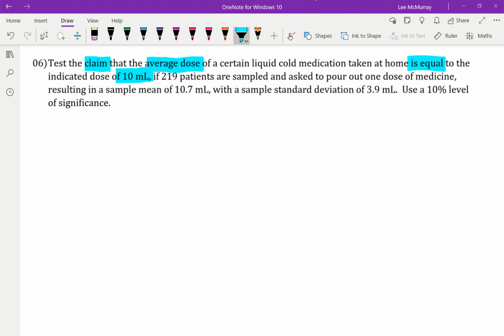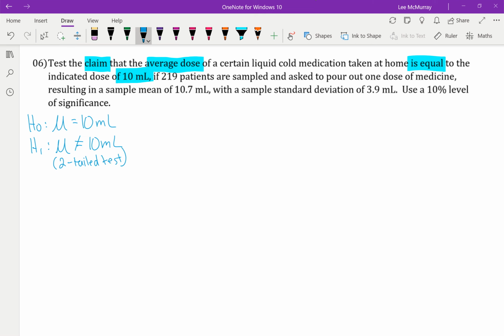Based on the results, it looks like people are overpouring this medication, but that doesn't affect our H0 and H1, because the claim we're testing is that it's equal to. Whenever the claim is equal to, the alternative hypothesis is that it's not equal to. So for our H0, the null hypothesis is that our mean is equal to 10 mils, and our H1 is that our mean is not equal to 10 mils, again because it could be higher or lower. So in this case, we've got a two-tailed test, right? Not equal to.